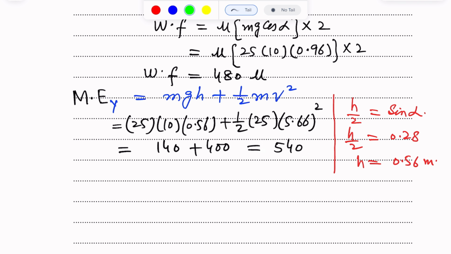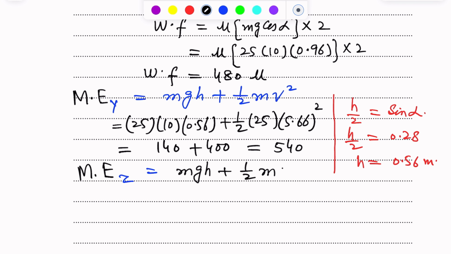Now similarly we will find the mechanical energy at point Z. At Z, mgh is the potential energy, plus 1/2 mv square, that is the kinetic energy.